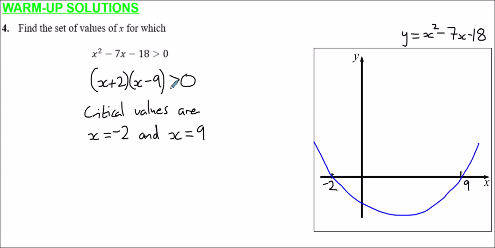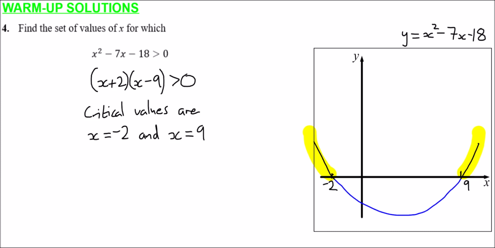And we want it to be greater than 0. So underneath the x-axis, this expression is less than 0, which we don't want. We want it to be greater than 0, and so we're after this bit of the graph here, and this bit beyond 9.